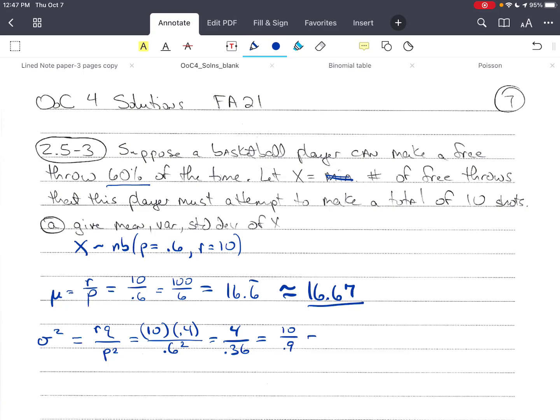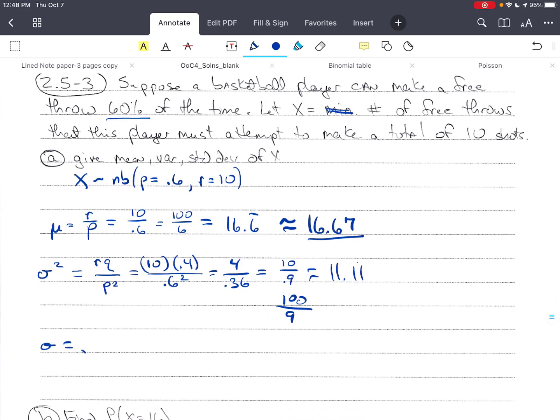Which is approximately 11.11. So it's 100 over 9, or 10 over 0.9. Now, sigma is going to be the square root of sigma squared, which is the square root of 100 over 9, which gives me 10 over 3, which is 3 1/3, approximately 3.33.